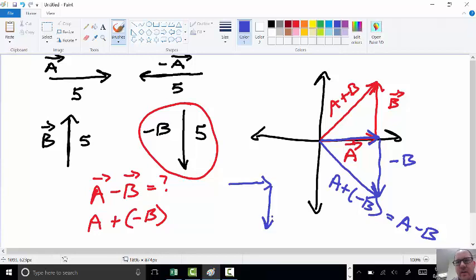And then the resultant is going to be from the tail of the first vector to the head of the second vector, or the last vector. And so if you're going to do subtraction, just add the negative of the vector, and you just add it the same way. Okay? All right, so that's one quick little lesson.